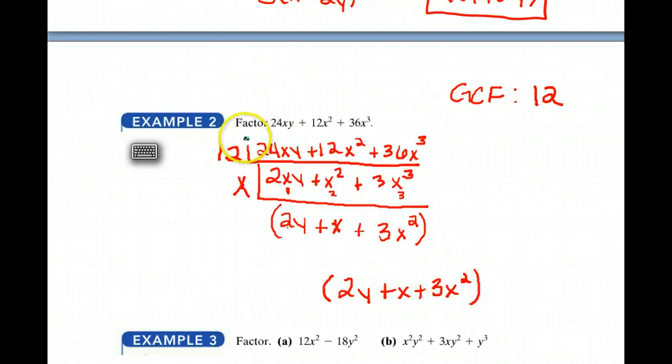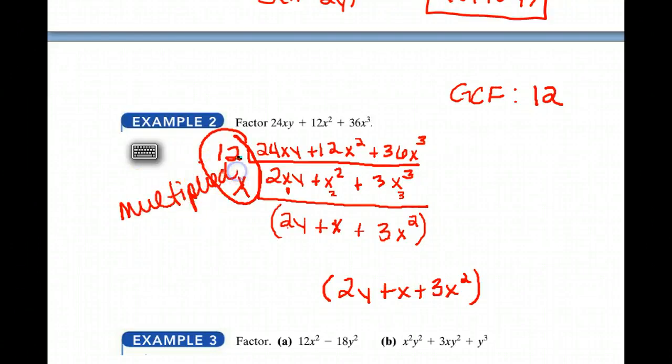And what you factored out on your left-hand side has to get multiplied together. So back to this statement here. If you didn't notice that 12 was your largest GCF, maybe you started with 4, and then you would have had to factor out a 3 in your next step.